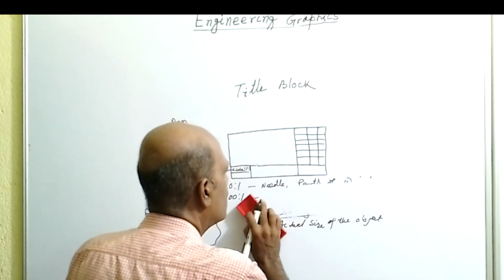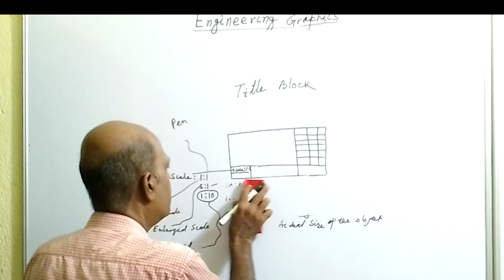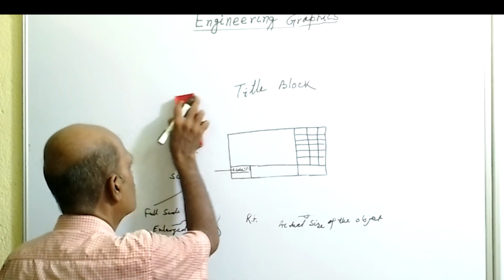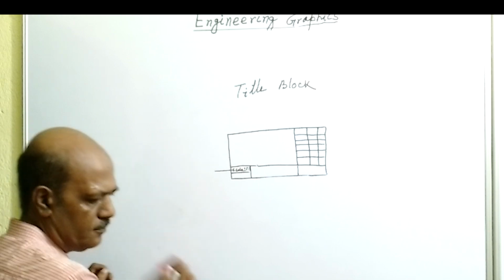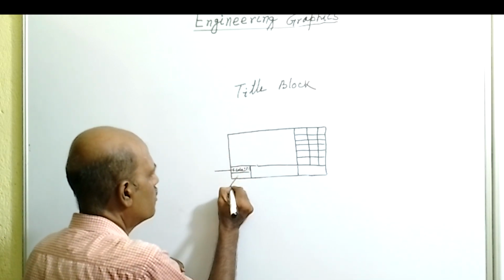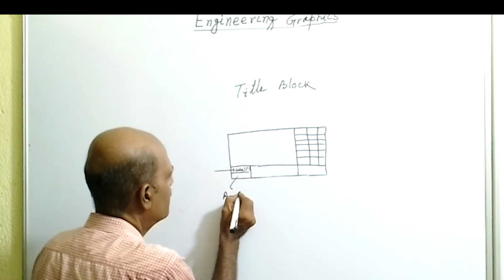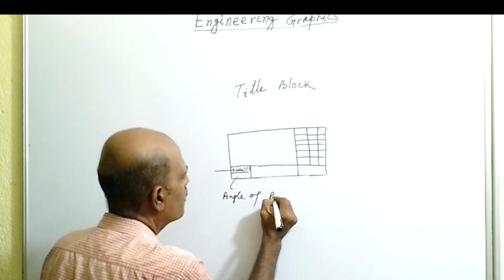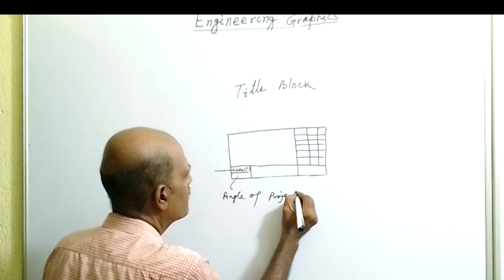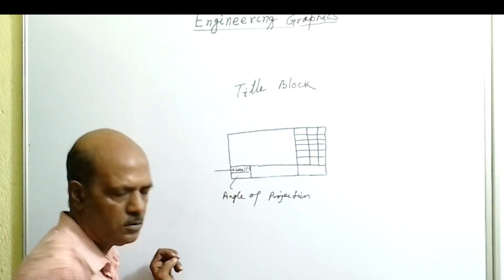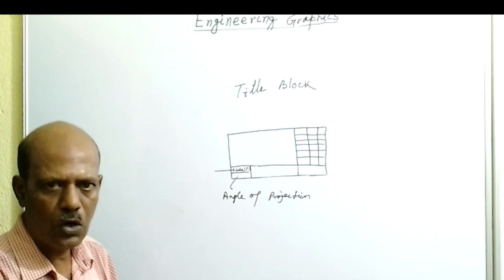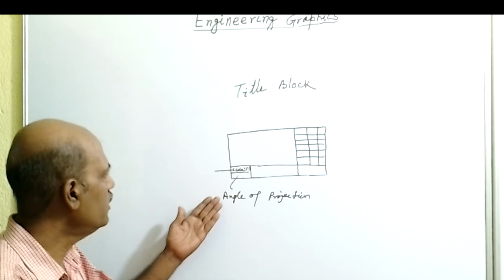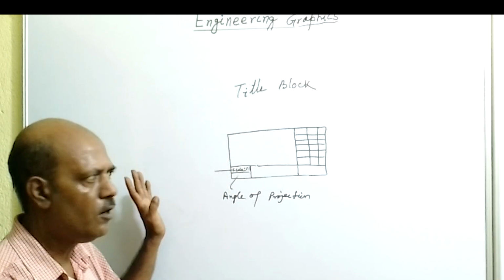Now next we will see the next box. It contains the angle of projection. This box contains the angle of projection, that is, whether first angle projection or third angle projection is used for drawing the object.